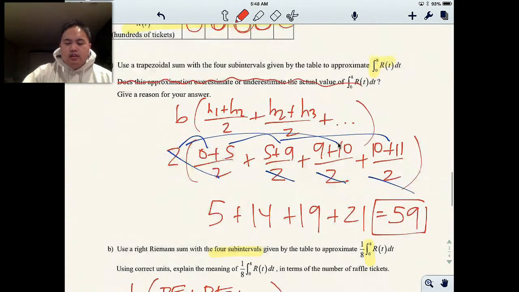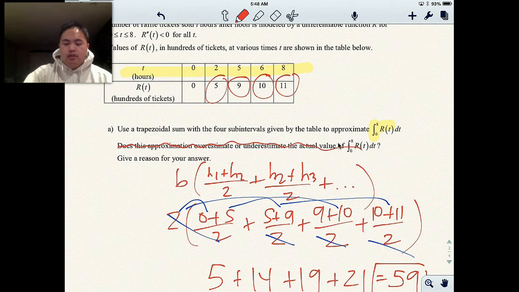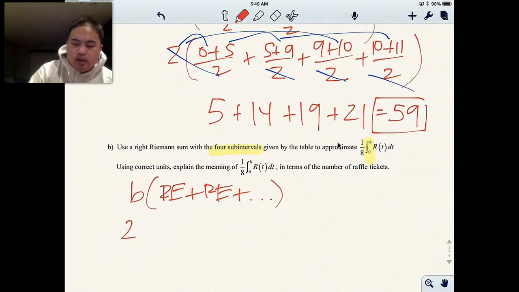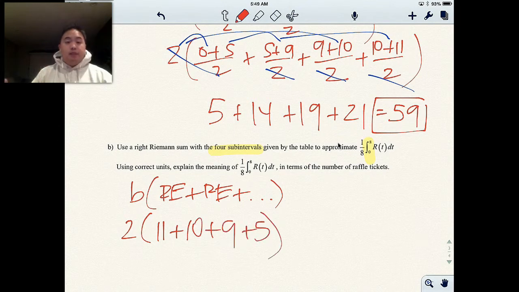Okay. So in this function, if I erase this real quick, instead, here's right endpoint 1, right endpoint 2, right endpoint 3, and right endpoint 4. So plugging into my formula, I'm going to get 11 plus 10 plus 9 plus 5. And again, I'm estimating by the right Riemann sum.